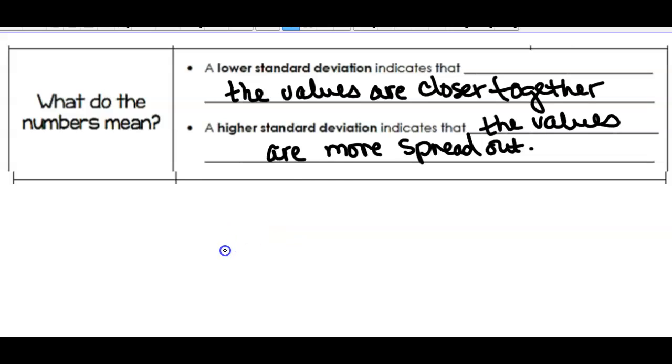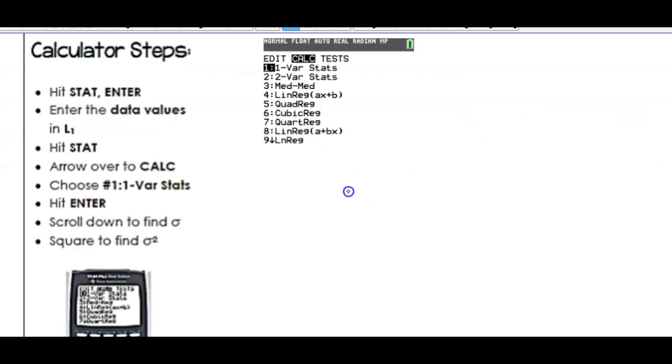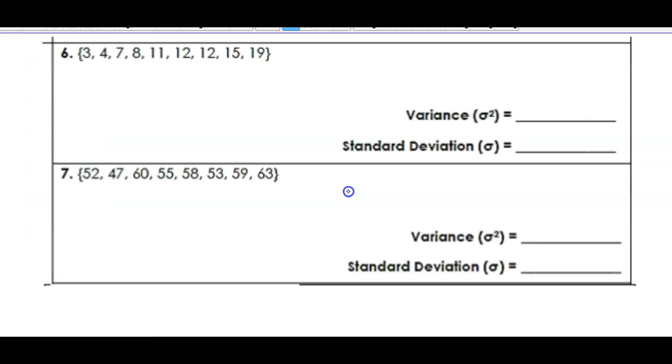Okay, so closer together, smaller standard deviation number, further apart, higher standard deviation number. All right. So we're going to type these in, and the calculator is going to give us the standard deviation.